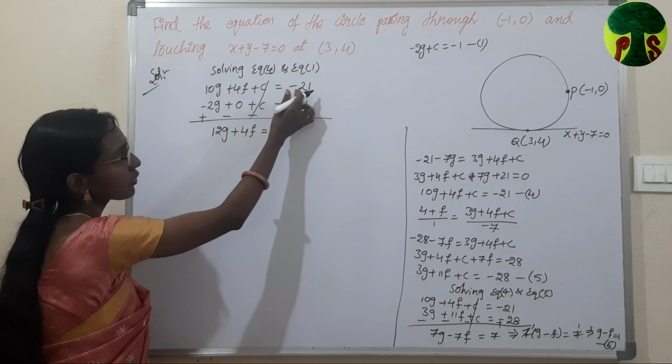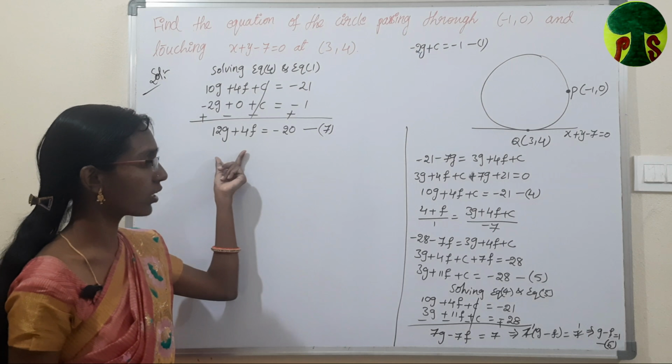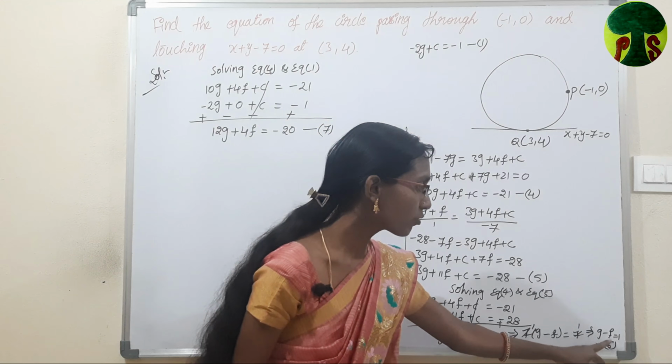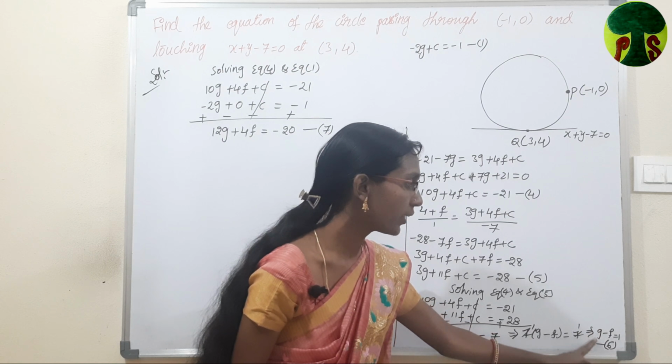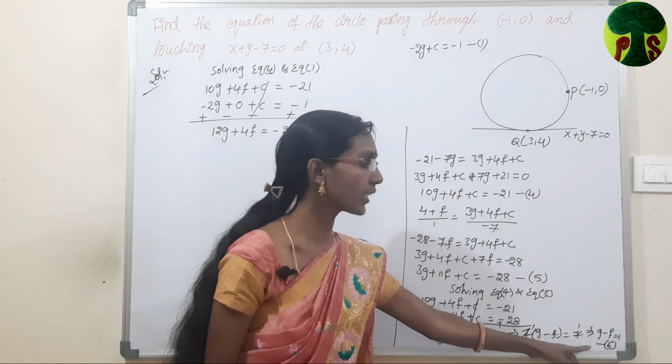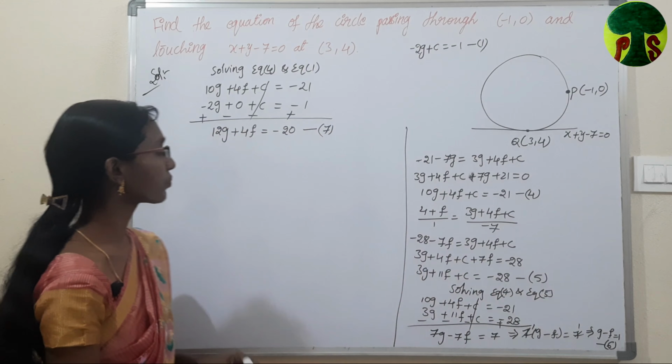Now we have to solve equation 7 and equation 6. To solve them, I want to equate either g's coefficient or f's coefficient. So I want to make the f coefficient equal. So I want to multiply the 6th equation by 4.